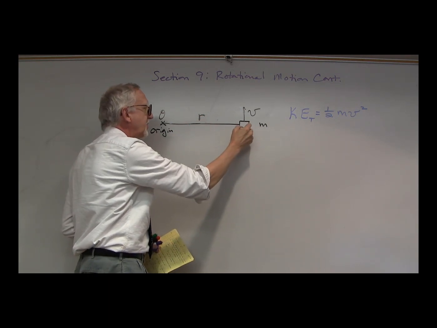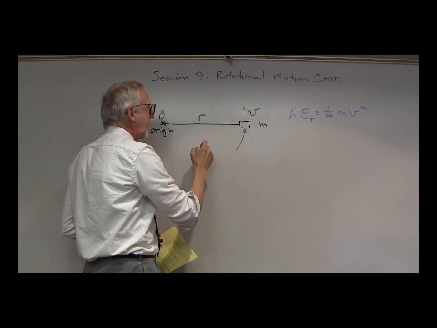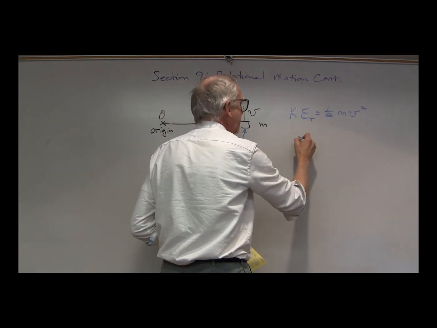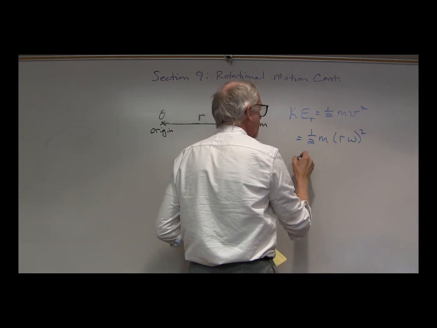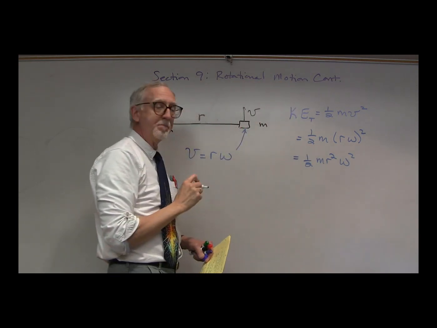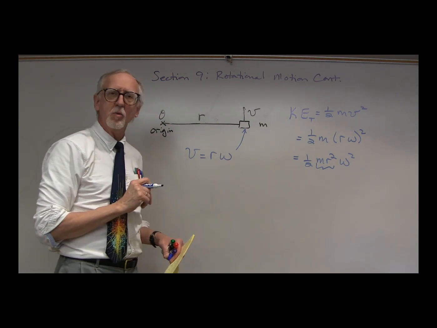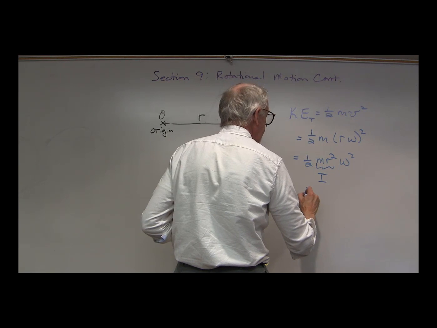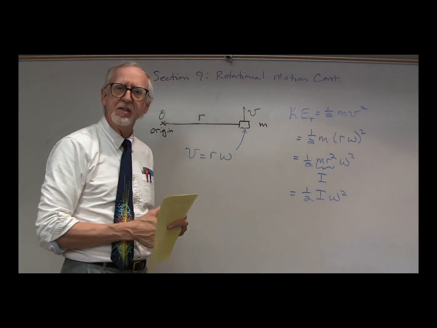So if we've got this object moving around in a rotational motion, we have that v is equal to r omega. So we could write this as 1/2 m r omega squared, or 1/2 mr squared omega squared. But for a point particle, what did we find mr squared was? That's the moment of inertia for the point mass. And so what do we end up with? 1/2 I omega squared. Again, a very, very similar relationship.